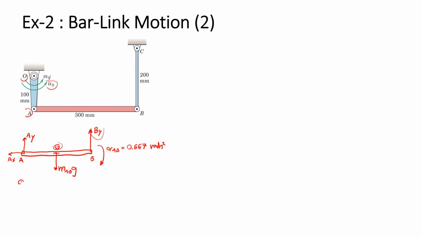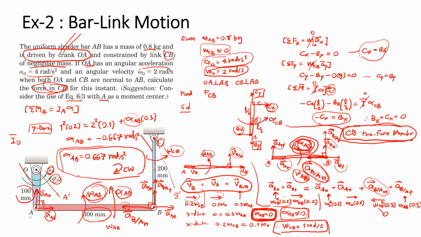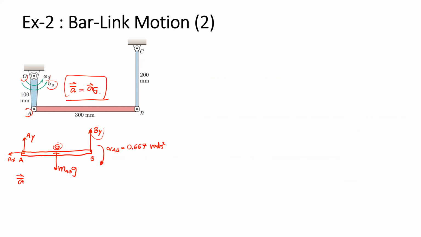A bar vector means the acceleration vector of point G. The hint is that they suggest to use A as a moment center. So before this, we relate B to A.